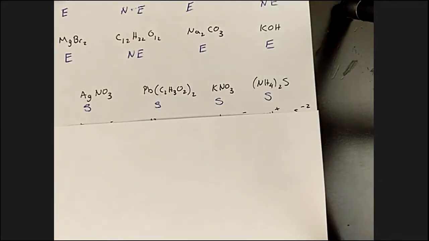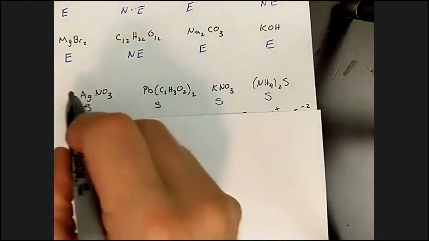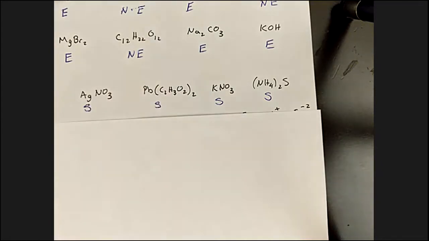So these are all going to be soluble simply because they contain those ions. It doesn't matter about the lead, the silver, or the sulfur. The potassium and the nitrate are both rule number 1 ions. So just identifying which ones have those ions, we know those salts are going to be soluble.